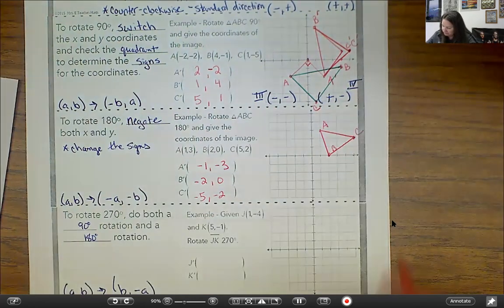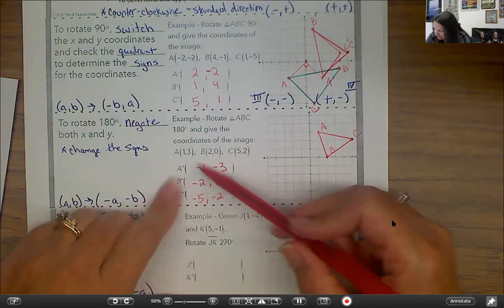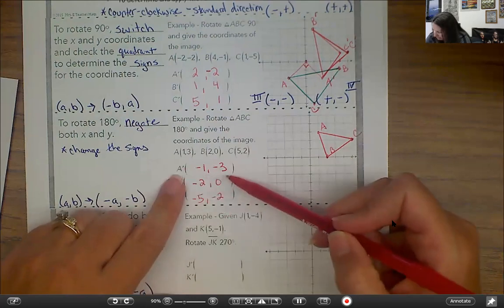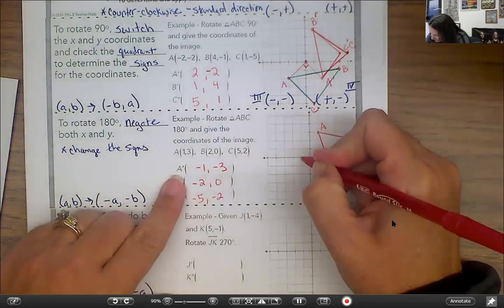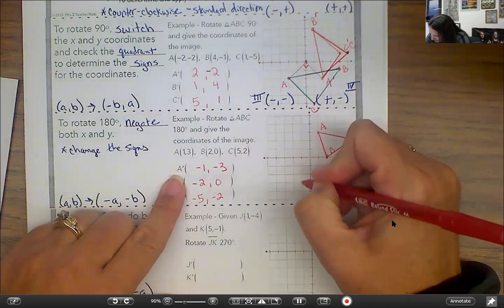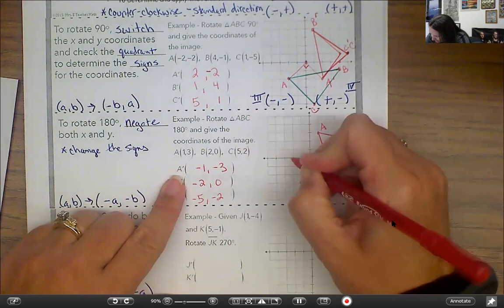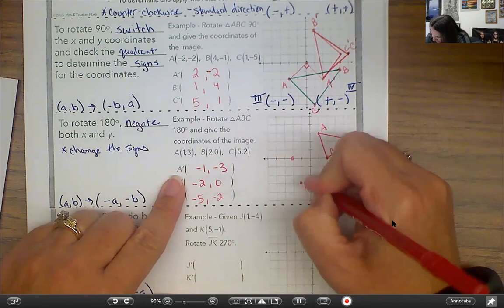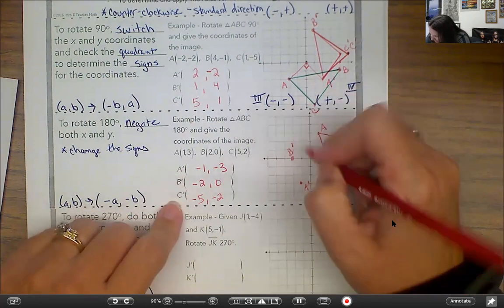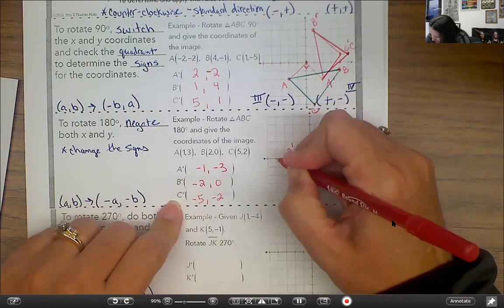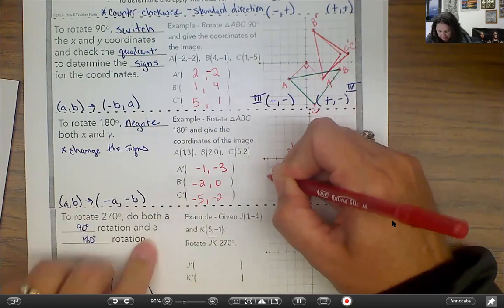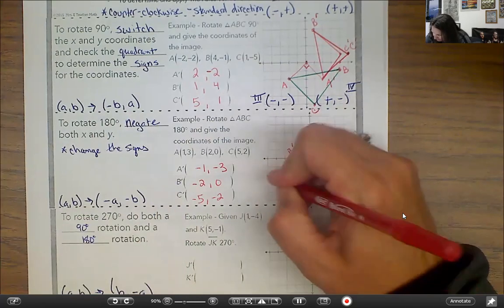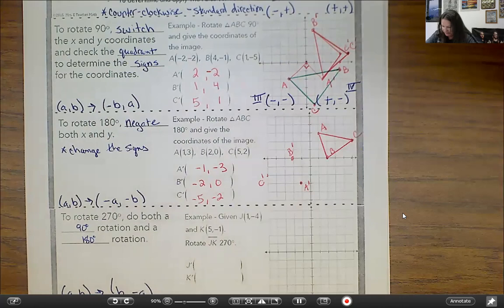And then if we graph the image, -1, -3, -2, 0, and -5, -2 over here.